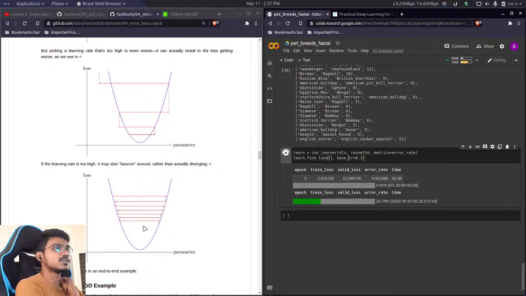These two images are almost similar, I guess. And in both of these cases, the loss gets worse and worse.